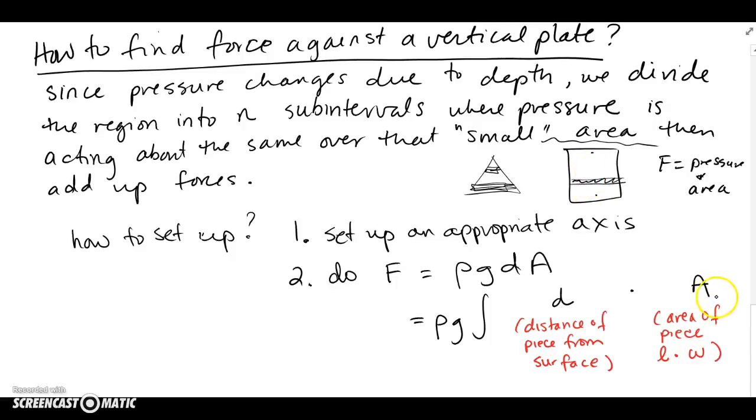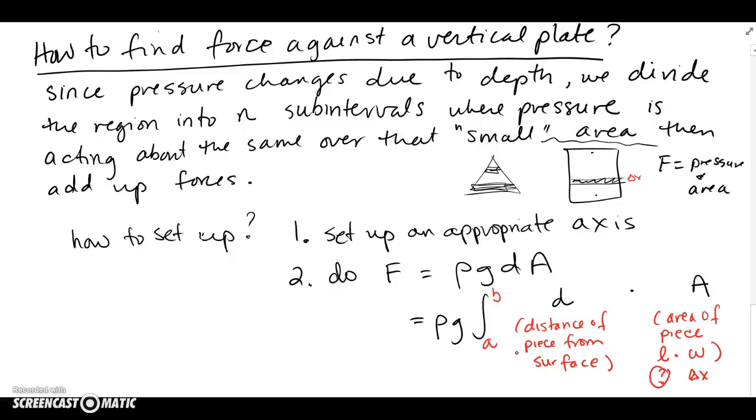And then a is the area of that piece that you're focusing on. And the area of the piece will essentially be just length times width. And so the length you'll have to find out. Your width will be a little delta x. And also, from where to where are you chopping up that vertical plate? So from a to b are the other two question marks that you're going to have to find based on your axes.